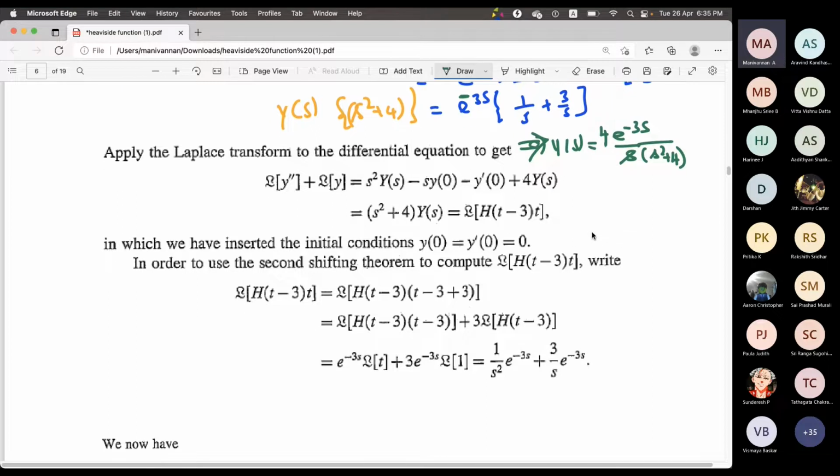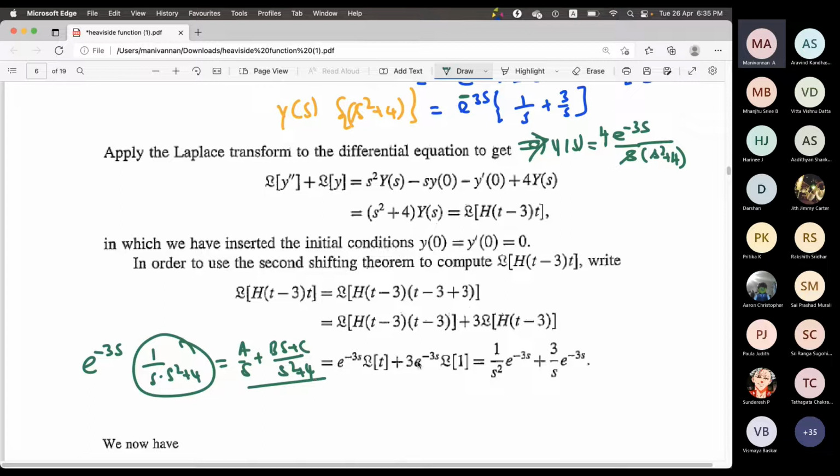Is it clear? The partial fractions, without the e raised to the power minus 3s because it is a common term, of 1 divided by s into s square plus 4: we compute the values of A divided by s plus Bs plus C divided by s square plus 4.